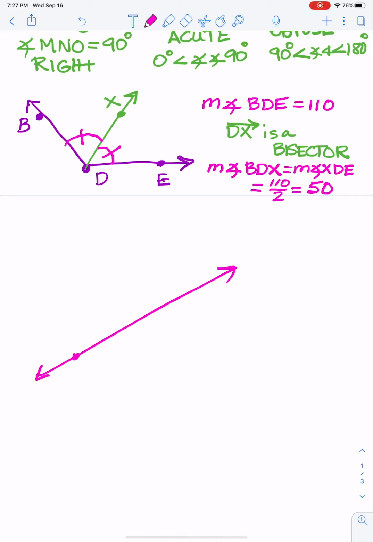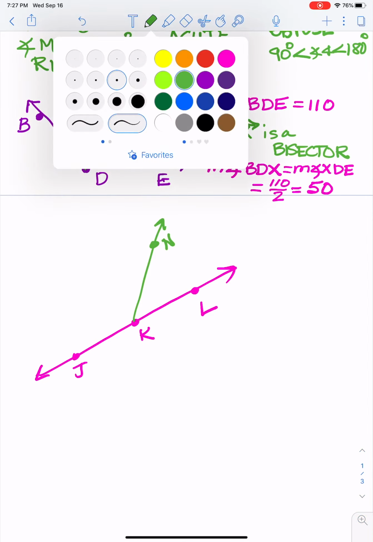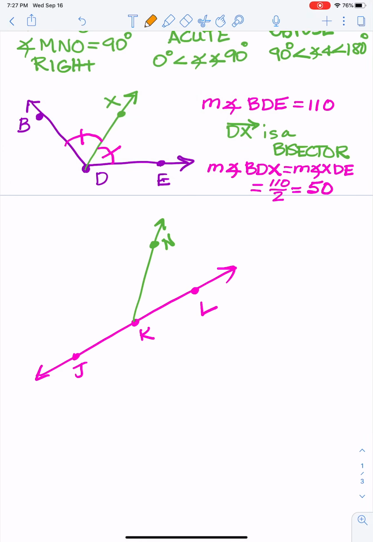We'll put J here, K, L. Then I'm going to put one ray there with an N. Another ray here with an M.